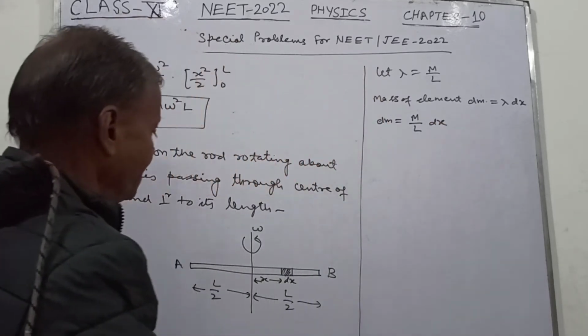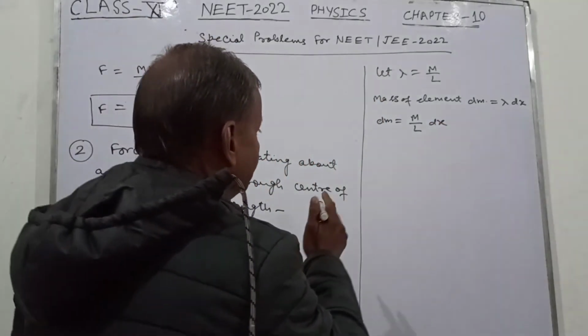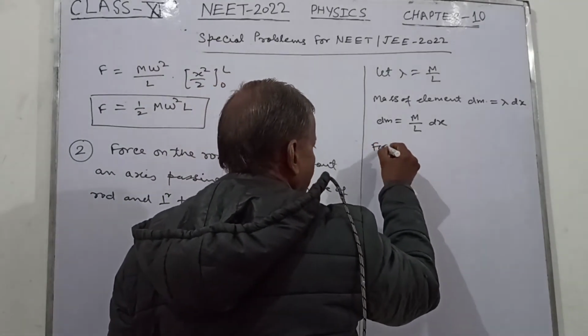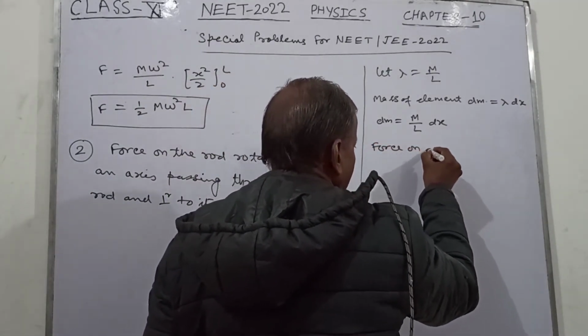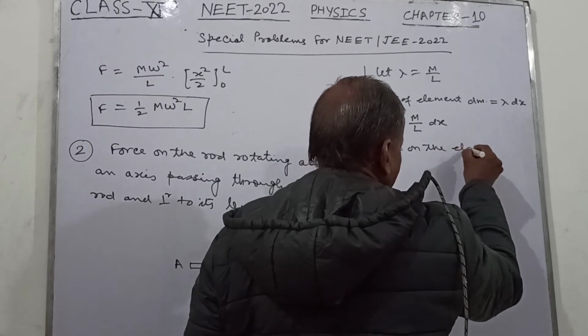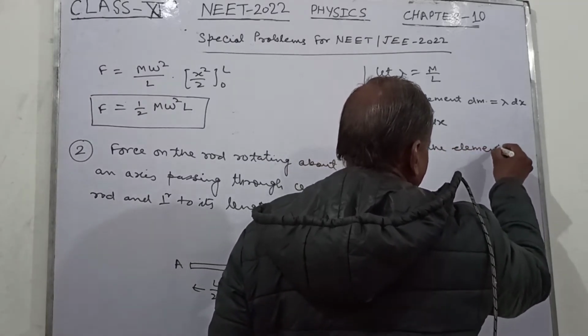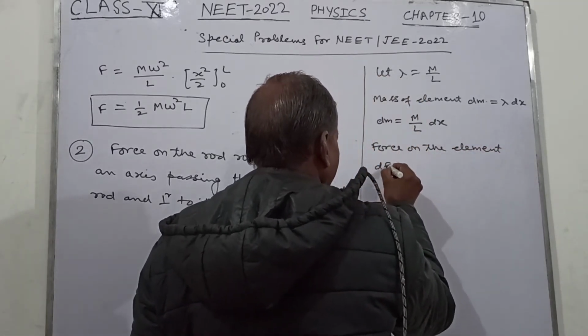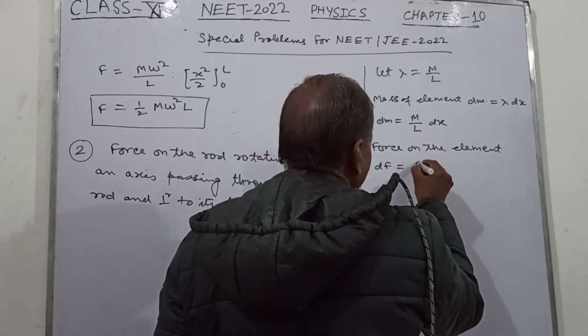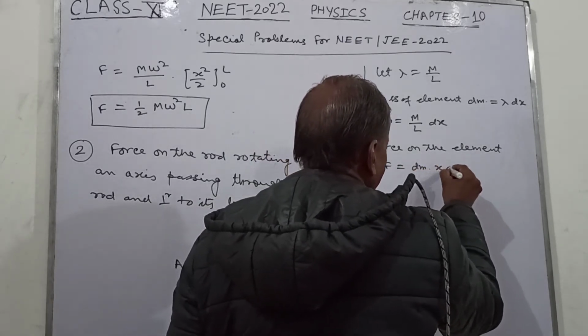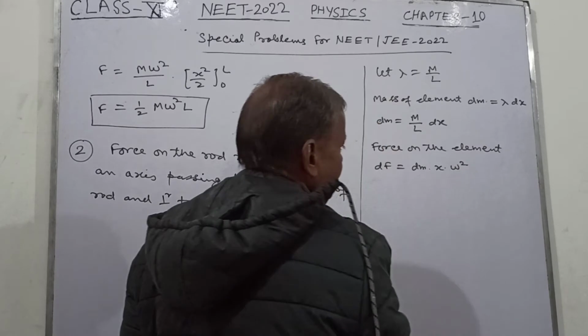So now the force on the element, dF, is equal to dm into x into omega square.